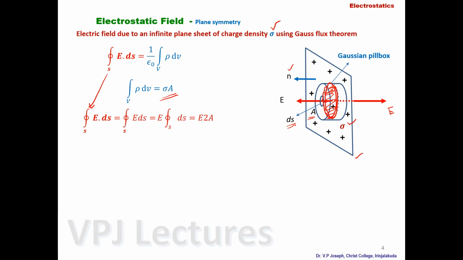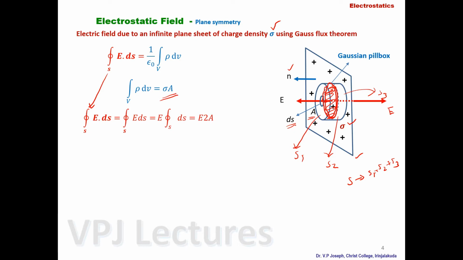So if we consider one flat surface as S1, the curved surface as S2 and the other flat surface as S3, the integral E dot ds changes to S1 plus S2 plus S3.